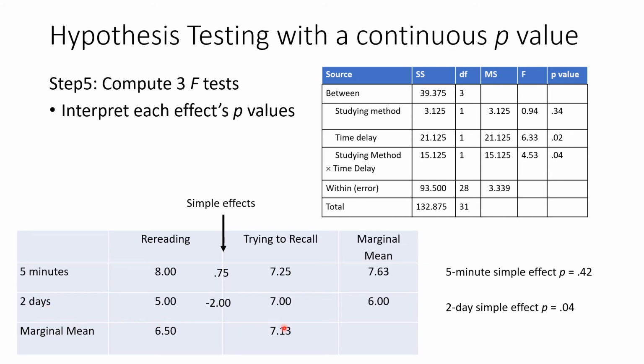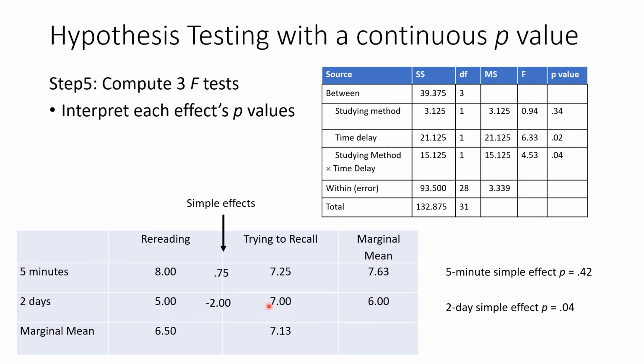In that situation, the mean difference of 2, that simple effect, has a p-value of 0.04, which is compelling, suggesting that trying to recall things as a study method when the test is 2 days away is a more effective studying method.